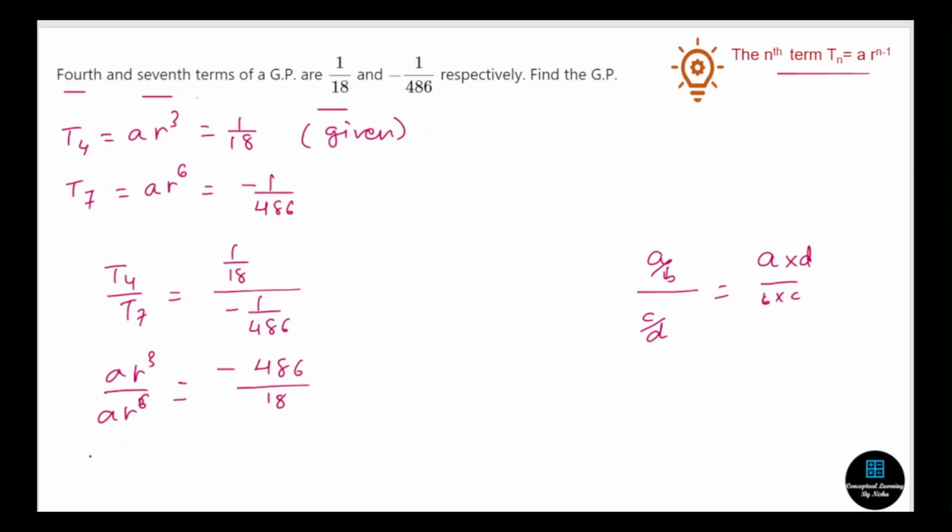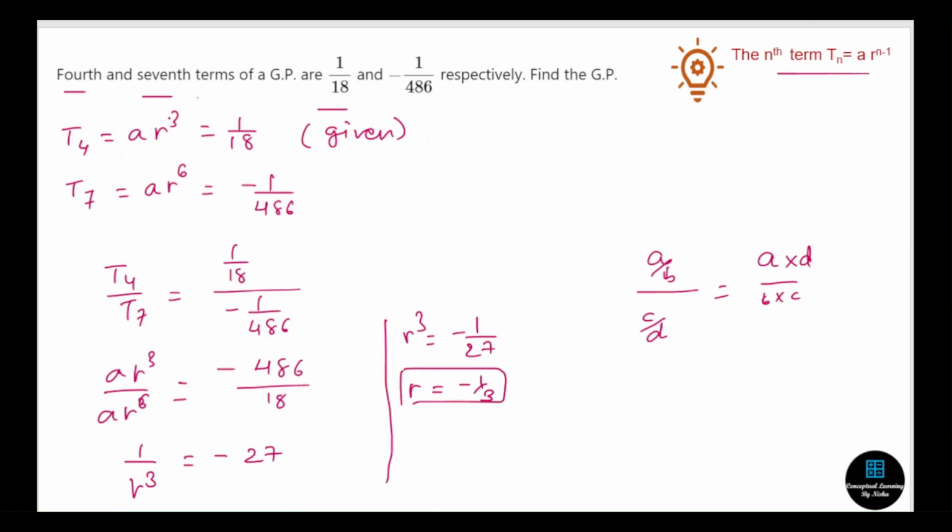And now on simplifying this, what I'll get? A will get cancelled out. R cube upon r raised to 6. So I'll get 1 upon r cube is equals to minus 27. And now I can say that r cube equals to minus 1 upon 27 and r equals to minus 1 upon 3. So I got the common ratio.